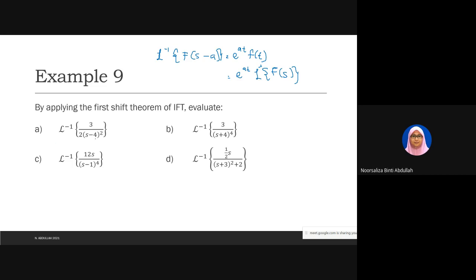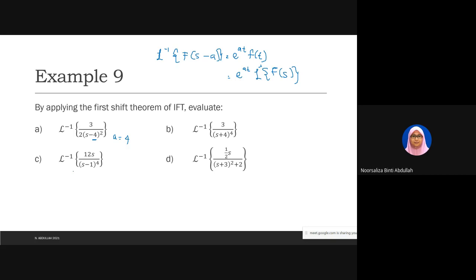Your a is 4. Boleh faham tak? Your a is 4 because we want to use a shift theorem to find the inverse. So you have F(s minus a). Then here you have s minus 4, then your a is 4. Awak punya a adalah 4.